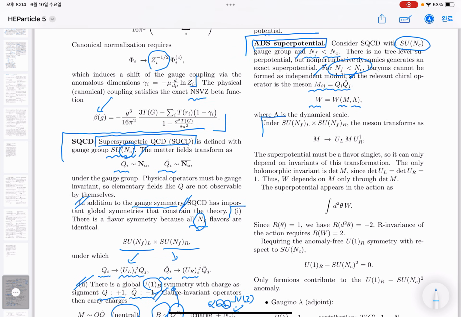Now we consider the other symmetries, like the global and the U(1)_R symmetry. First of all, let's focus on the flavor symmetry with the left-handed and right-handed transformations.